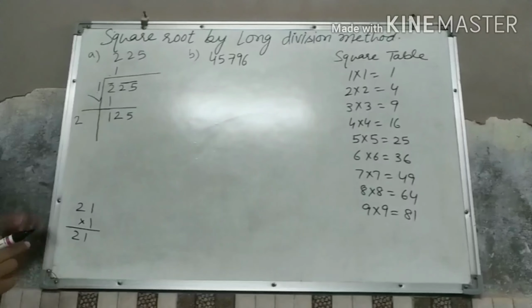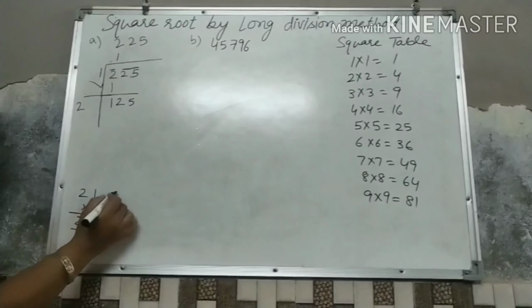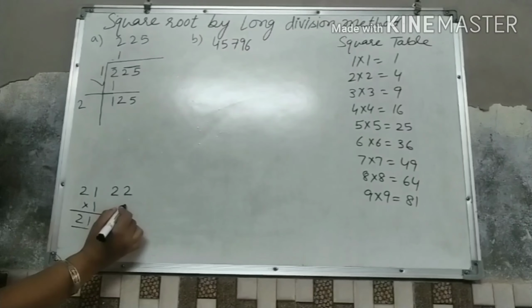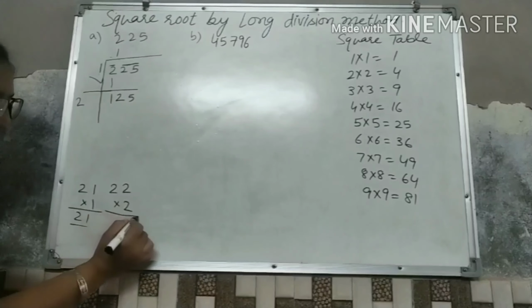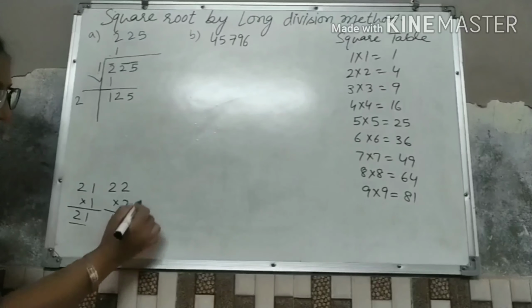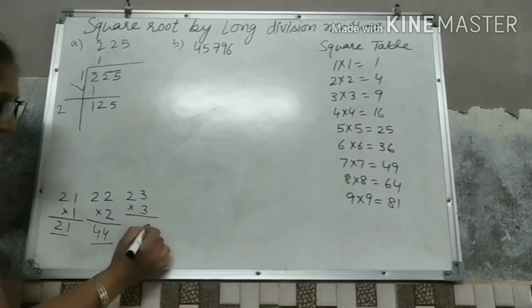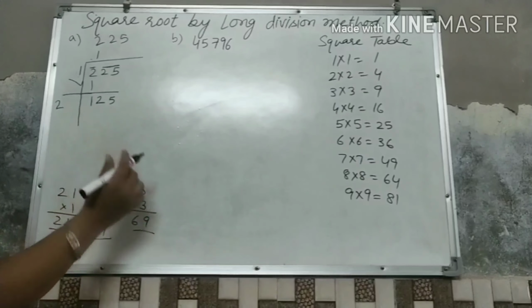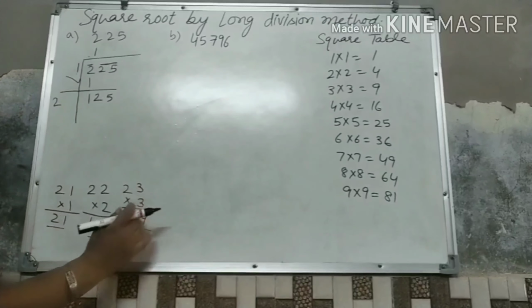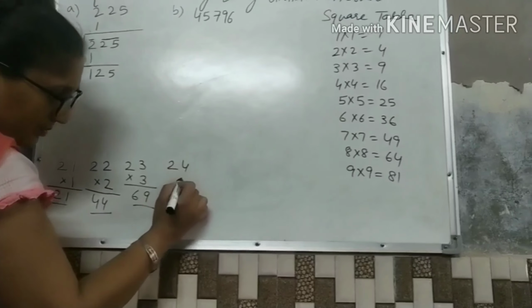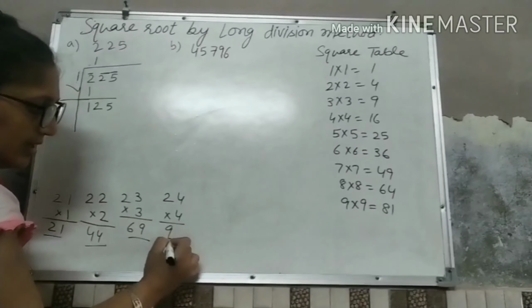If you have taken 1, so you will multiply also with 1. But it is less than 121. So you will take another digit like 2. If I will take 2, we will multiply also with 2. Similarly, we will take other digits and check which will come. So the number should be 125. So we will check.